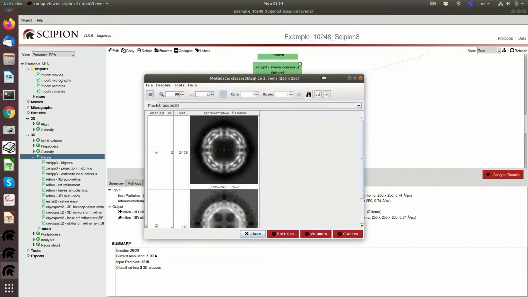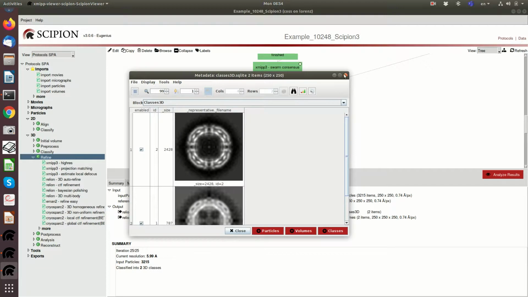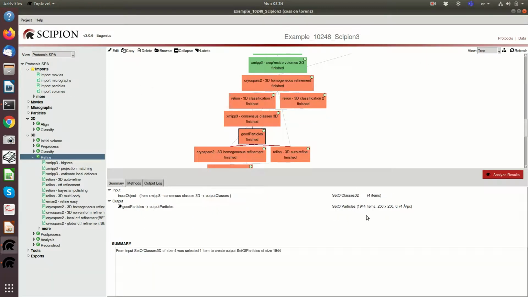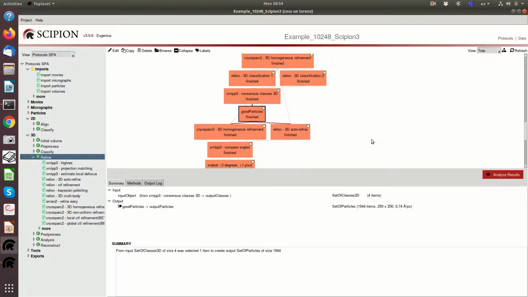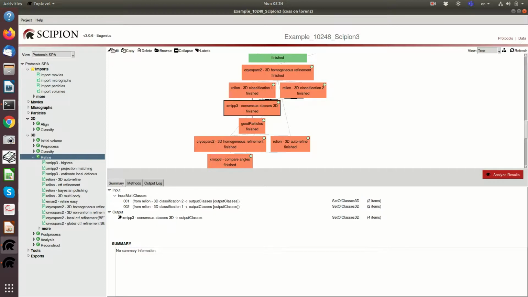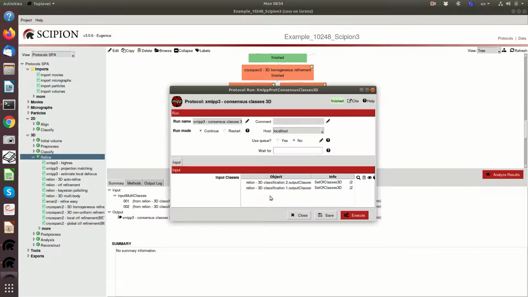Okay, so now we have 2000 particles. Those are the particles that were consistently assigned to the same class, and you can actually repeat this process a few times. This consensus classification in 3D can take multiple outputs, and it will separate only those subsets of images that were consistently classified together.